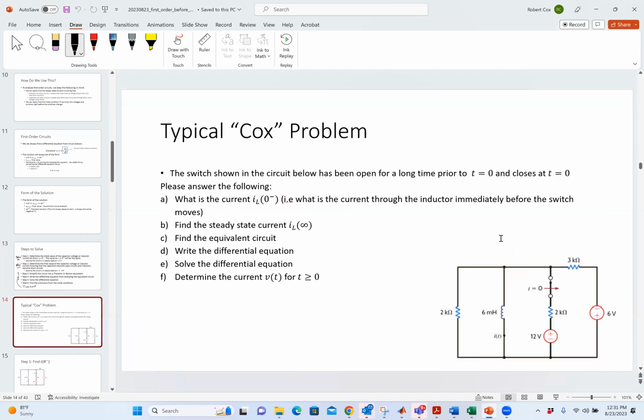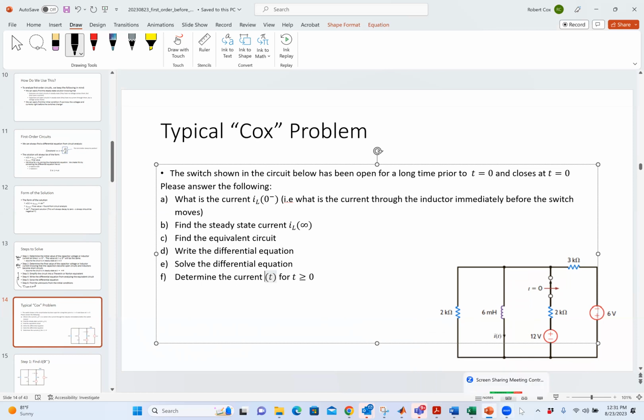And so the example I started doing the other day, we're going to start it from the beginning again. All right. This was the circuit here. And I've got basically those 6 steps defined for myself in basically these parts of the problem. I want to figure out not i of t, not v of t, but I of t.